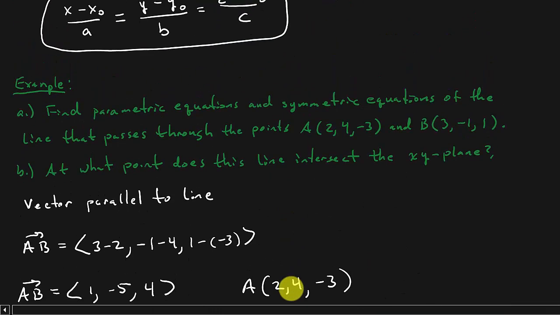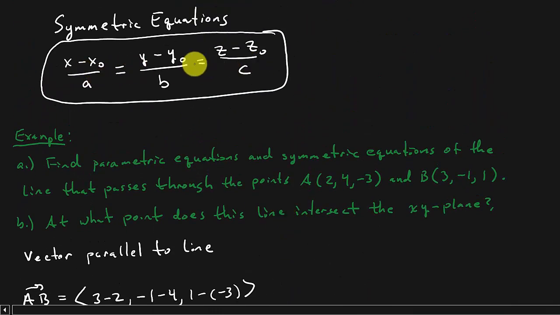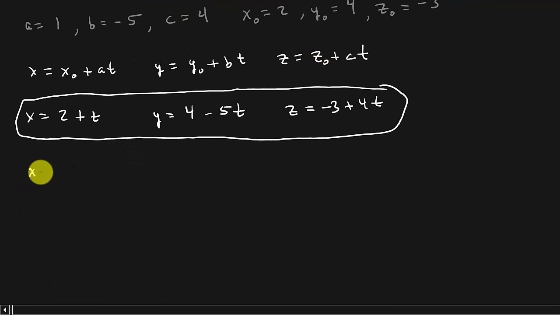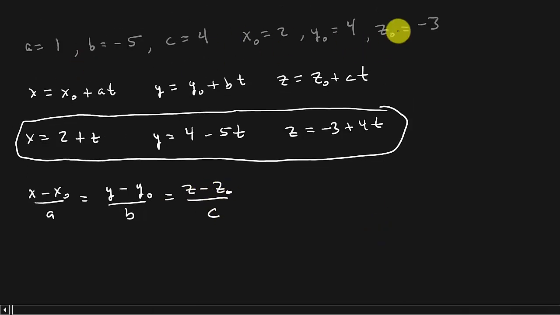And now they want symmetric equations. That's just this. You see that? Now our symmetric equations are x minus x0 over a equals y minus y0 over b, which equals z minus z0 over c. Well, there you go. Plug all that in.